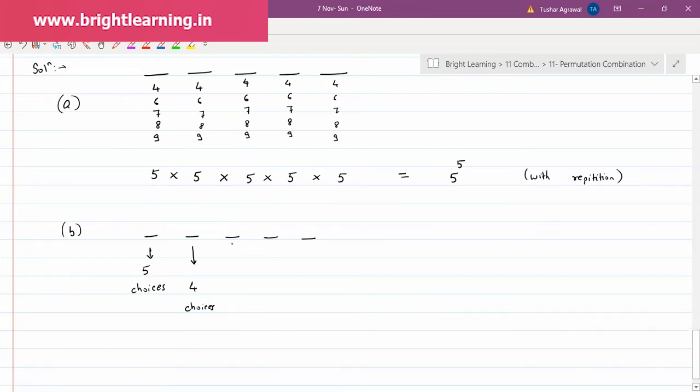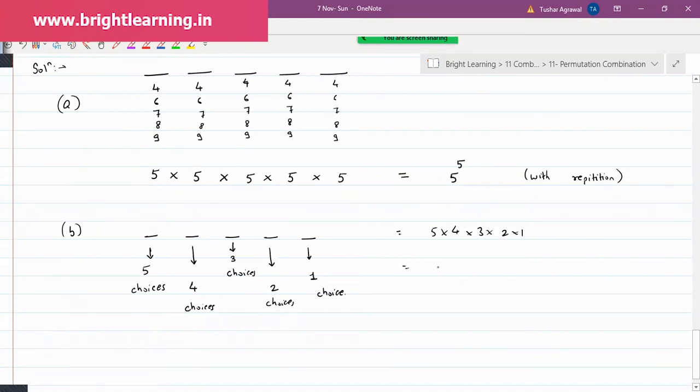At the third position, I have been left with 3 choices only. Then 2 choices only, and lastly 1 choice only. So it will be 5 into 4 into 3 into 2 into 1, which is 5 factorial.